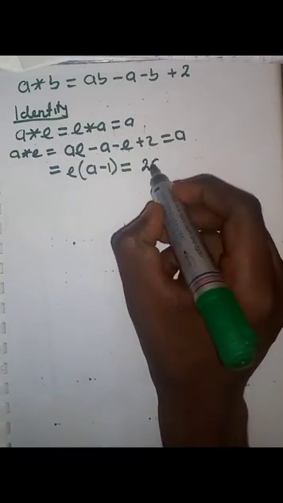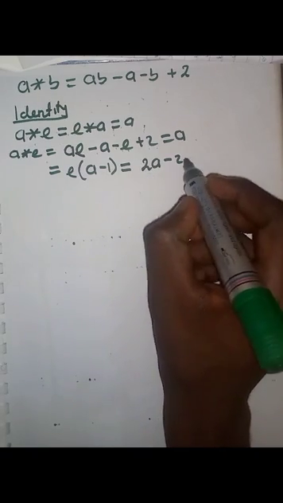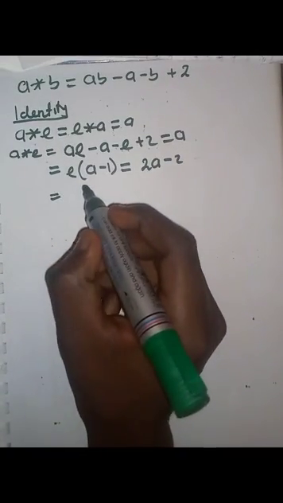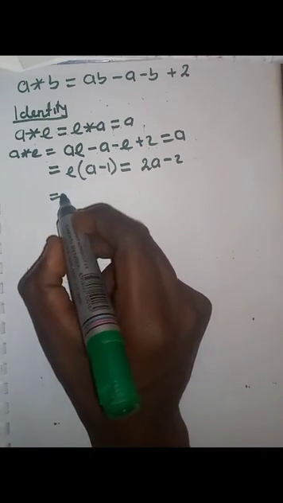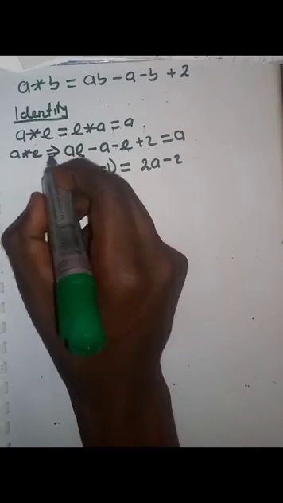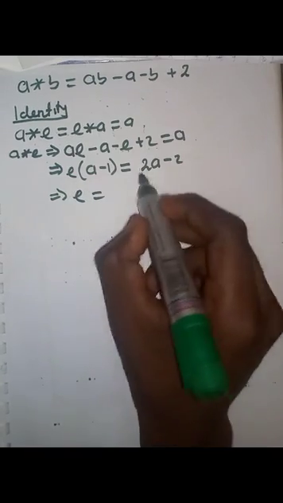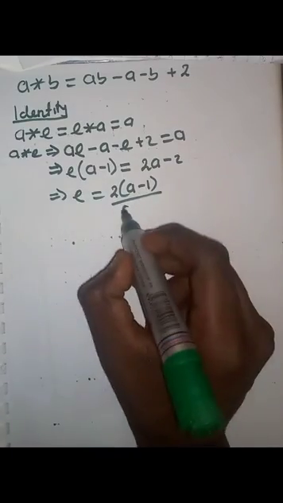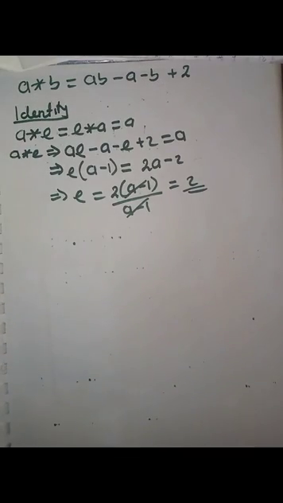That implies I'm going to divide by A minus 1, so E equals 2 times A minus 1 all over A minus 1. This and this cancel, then I strictly have my answer to be 2. That means the identity element in this case is 2.